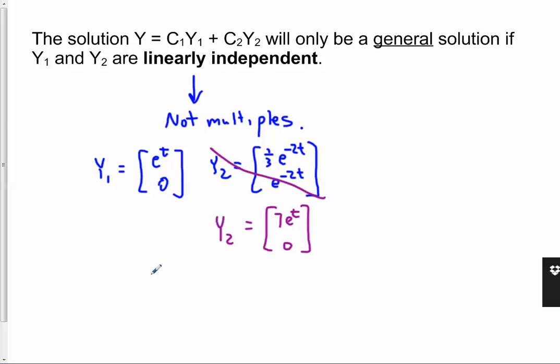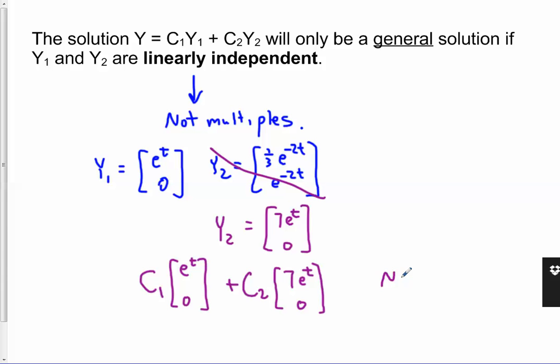But if I combine those two, I won't have enough freedom to get any initial conditions that come my way. In fact, this one's very easy to see, because I'll always have 0 in the second component. I'll never be able to get anything else in the second component. So this would not be general.